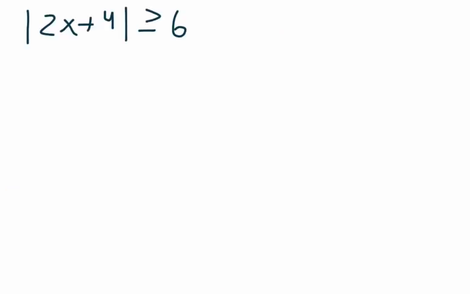Okay, let's take a look at our next example. So this example is the absolute value of 2x plus 4 is greater than or equal to 6. When you're saying it in your head, make sure you're saying it correctly. And what we're going to do again is interpret what we're looking at here in terms of the definition of absolute value.